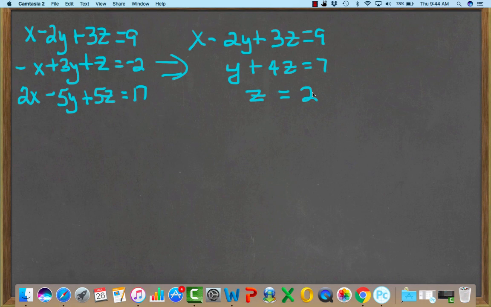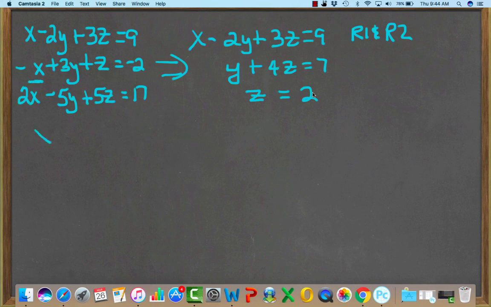So what you're going to do is work with row 1 and row 2, and you're going to eliminate the x, just like we would use the elimination method with two variables, but we want to eliminate the x out of row 2. So I want to get rid of that.